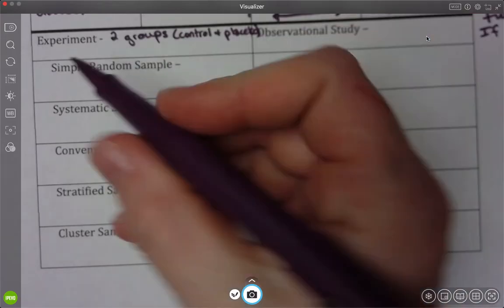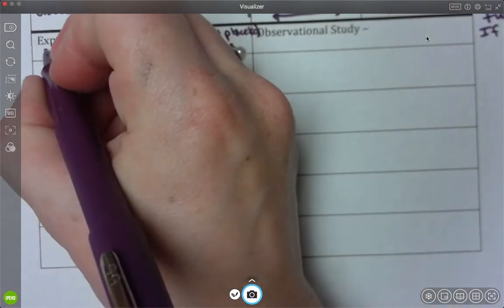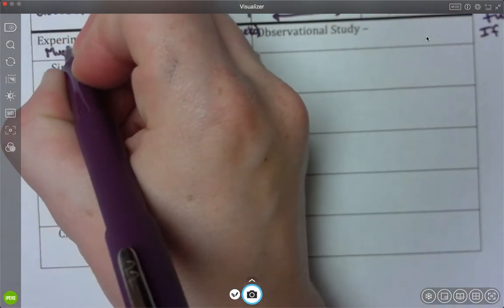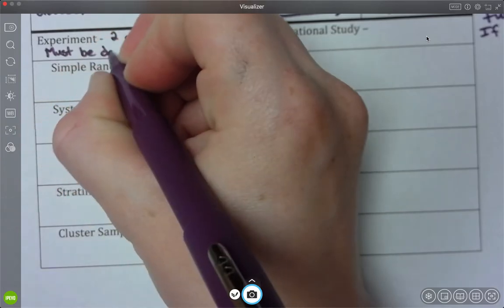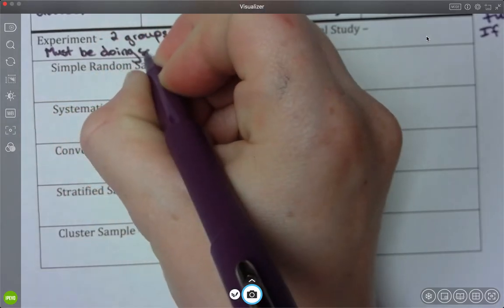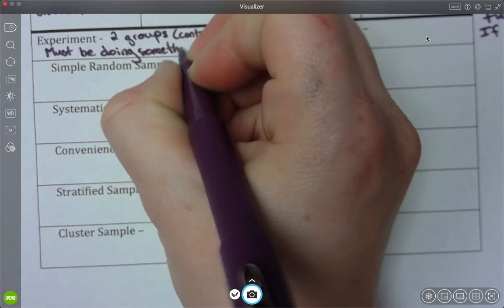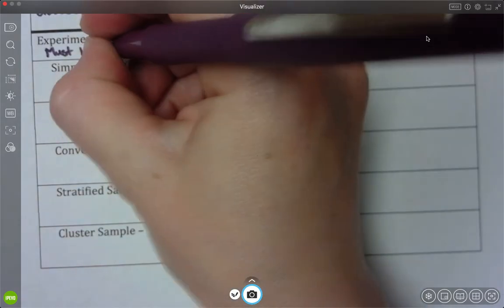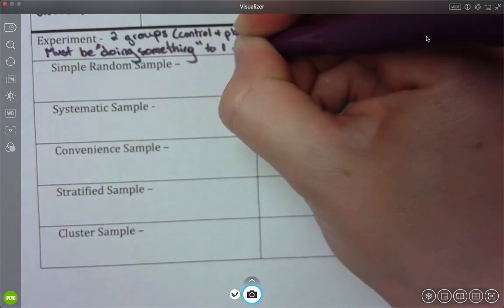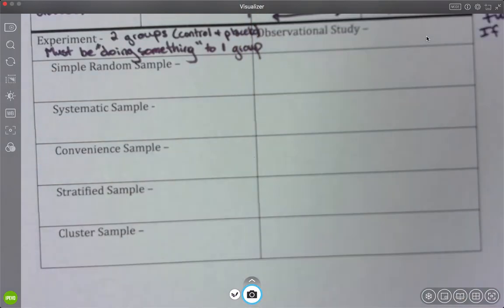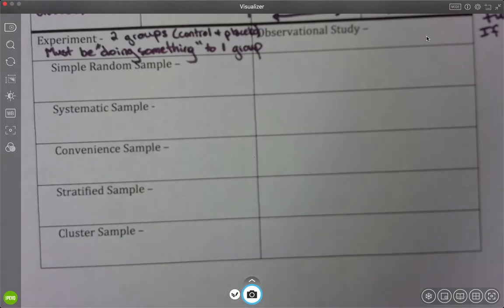The control group is the one that you are doing something to. You must be doing something to one group. Okay, so that means we're making them take a pill, or we're making them act a certain way or exercise a certain way. That's what an experiment would look like.